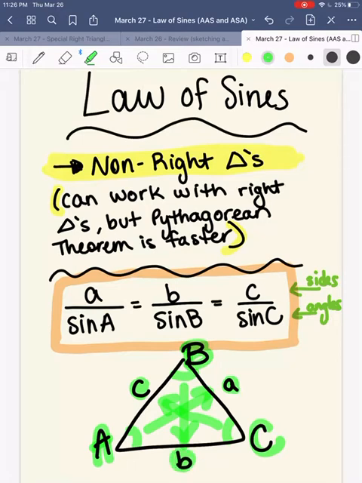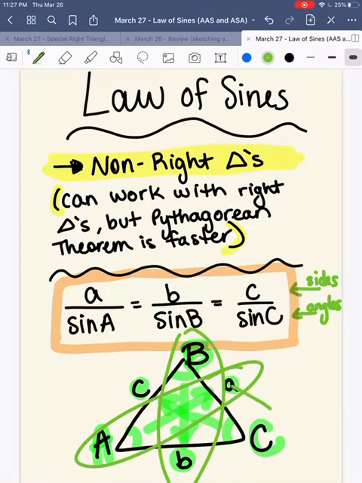The lowercase letters will represent the sides, and then the uppercase letters or the bigger letters will represent the angles, okay? So just know they will always be directly across from each other. And we kind of always are going to be looking like this when we do law of sines.